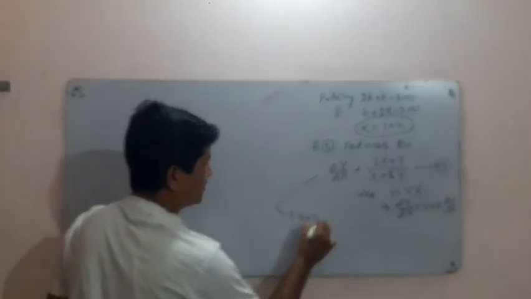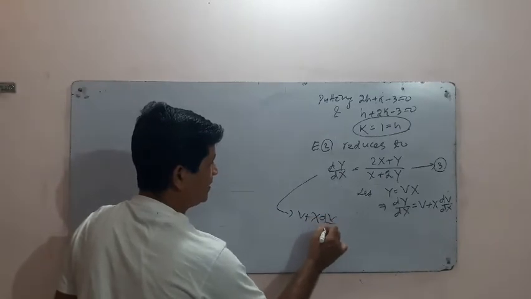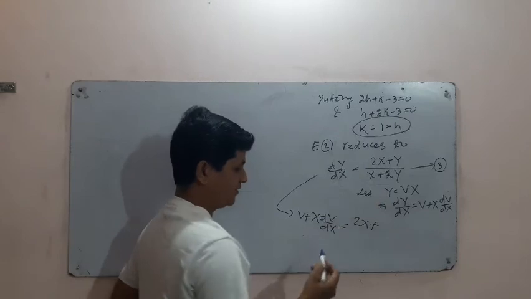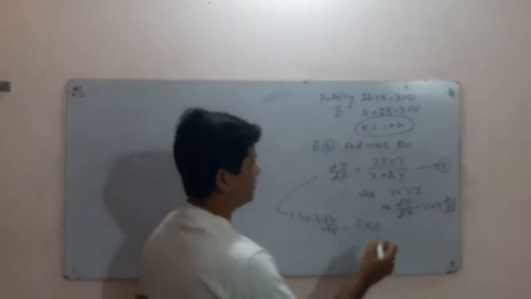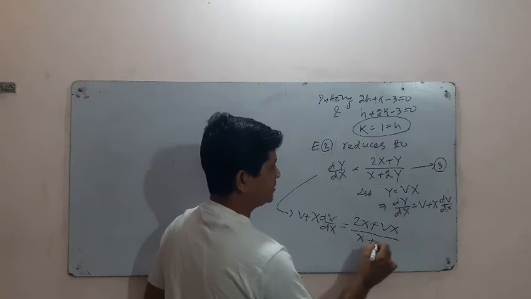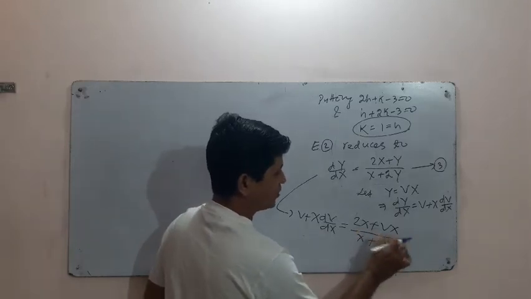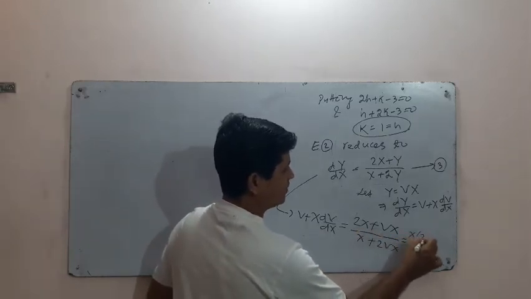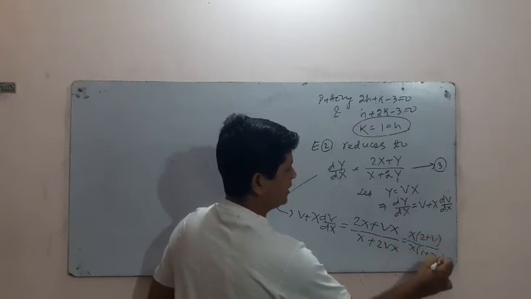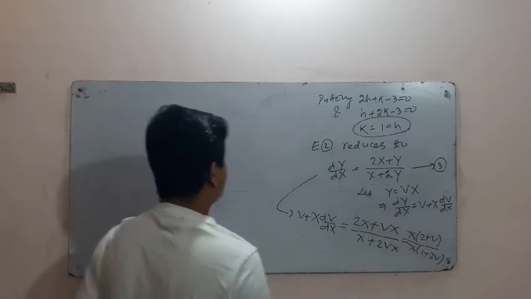Now v plus X into dv by dX is equal to (2X plus Y) divided by (X plus 2Y), where Y is vX. Taking X common, X into (2 plus v) by X into (1 plus 2v). X cancels.